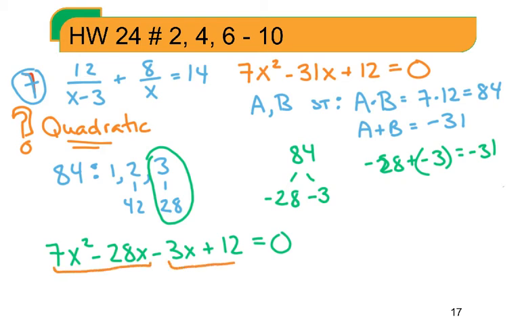This is sort of a good review. What can we factor out from this first group? Here, we can factor out 7x. What does that leave? X minus 4. What can we factor out here?